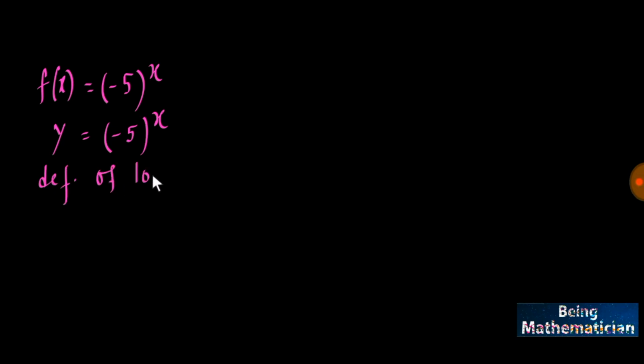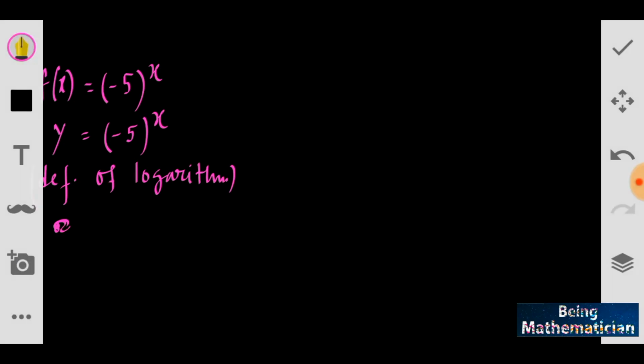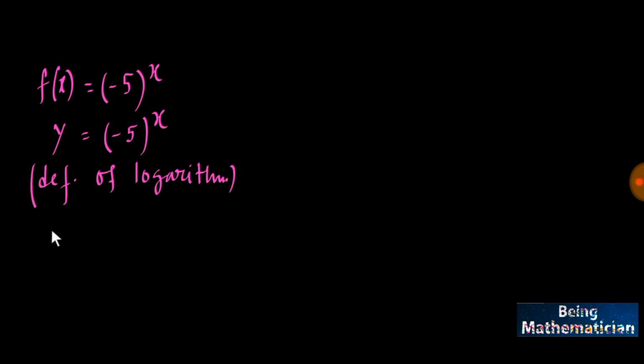If y is equal to (-5) to the power x, by the definition of logarithm, we can say x equal to log y base -5.